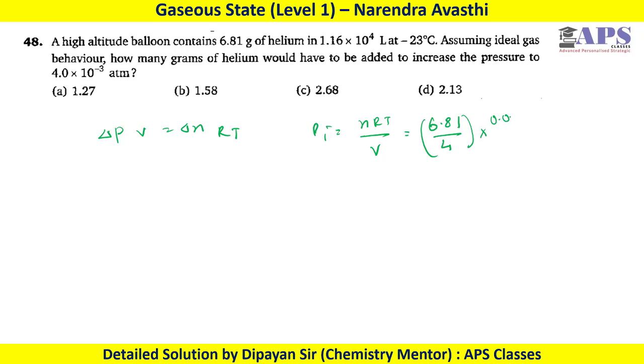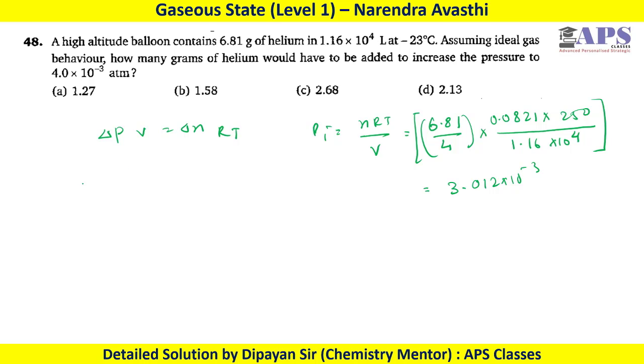R value is 0.0821, temperature is minus 23, that is 250, divided by volume, that is 1.16 into 10 to the power 4. If we calculate this, the initial pressure is going to be 3.012 into 10 to the power minus 3.